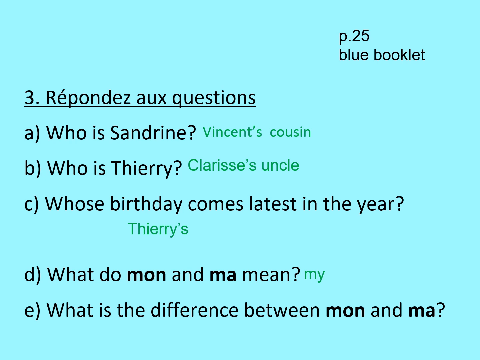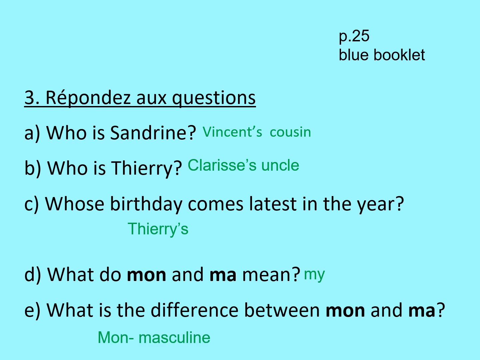And on to E, what is the difference between mon and ma? Well, if you have a look at that text again, you'll see that we've got, for example, mon oncle, my uncle. So they've used mon for uncle. And when we've actually got the word for sister as well, and that is sœur. And so to say my sister, it's ma sœur. So we've used mon and we've used ma there as well.